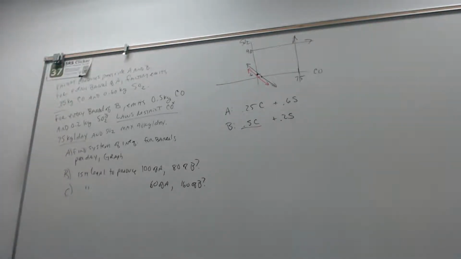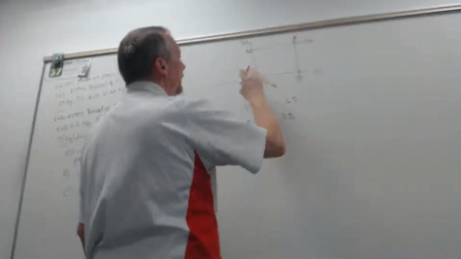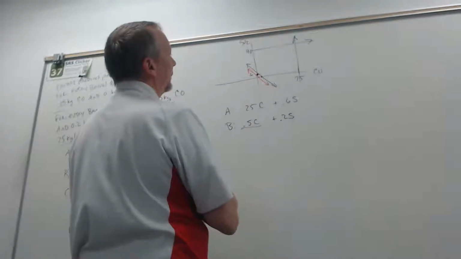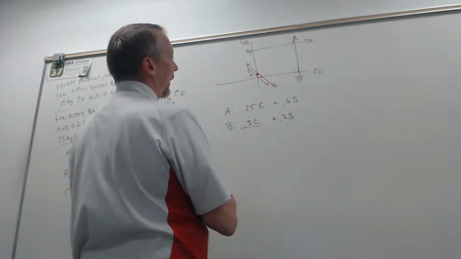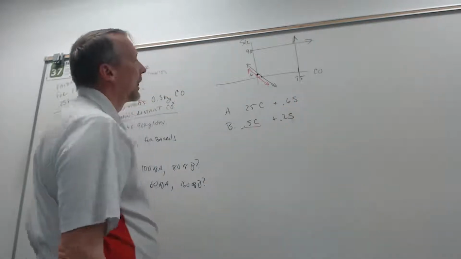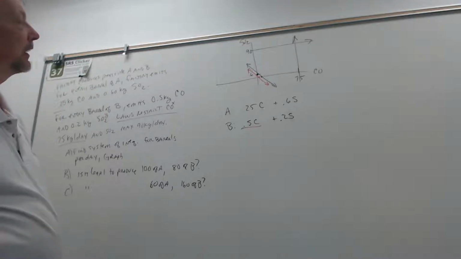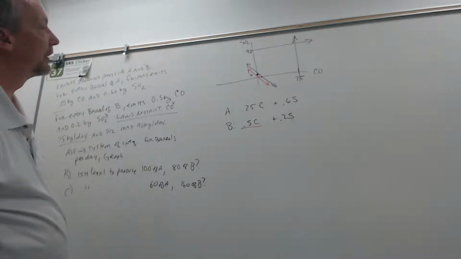So the question is, how much can we produce of each? We can produce as much to fill all this. These probably cross at some point. The question is, which one's which? Does it matter? It's not going to go into the negative.